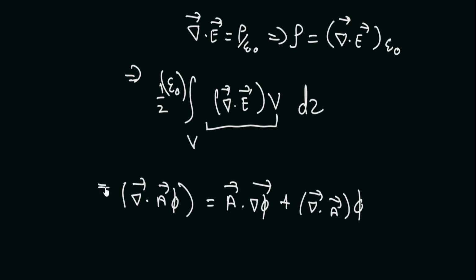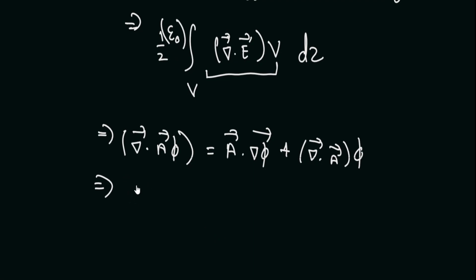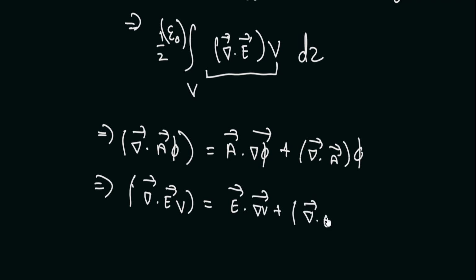Now in our case, the vector will be the electric field and phi will be the potential, which is a scalar. So we can write it as divergence of electric field times the potential will be equal to electric field dot gradient of the potential plus divergence of electric field times the potential.